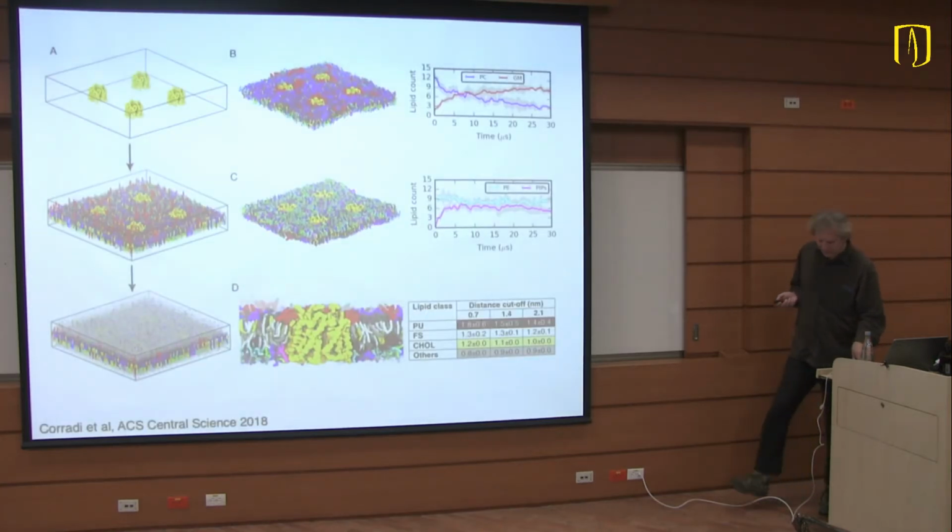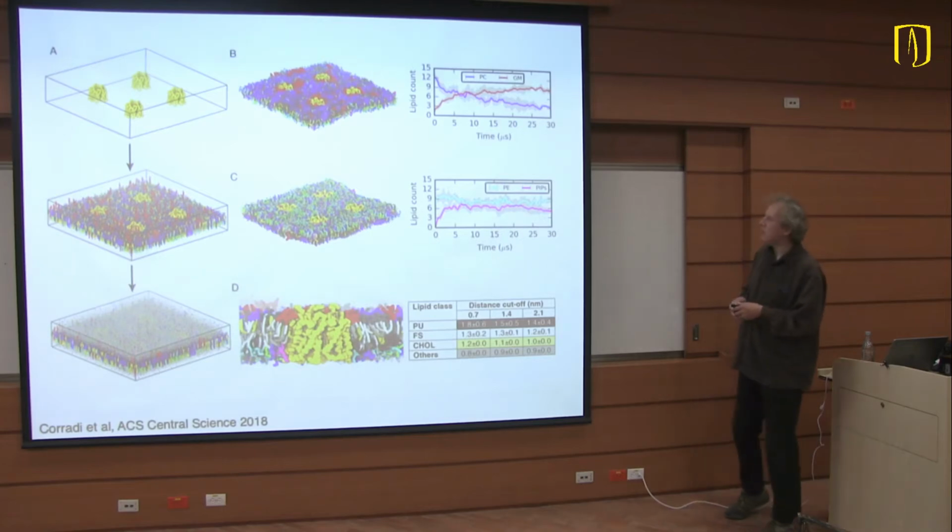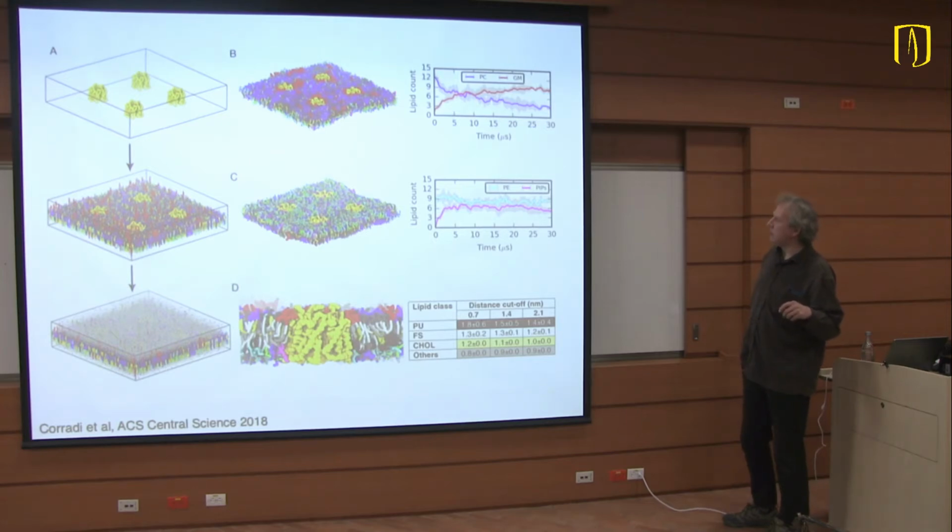So we're going to stuff these into bilayers with the same composition as the plasma membrane I showed. And now we're going to ask a couple of questions. So one is from a simulation point of view. If I put these proteins in a lipid mixture, this system will be out of equilibrium because it's very likely that these lipids would like to have a different distribution around the proteins.